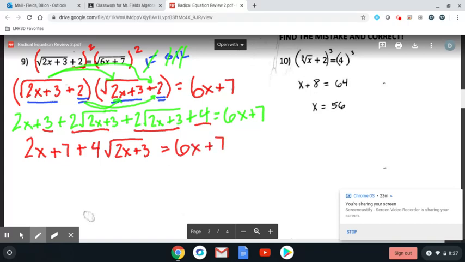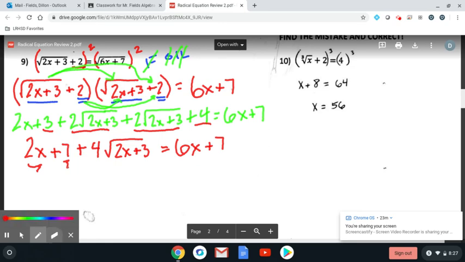All right, so once you're here, now what you want to do is try to get that square root of 2x plus 3 by itself. In order to get that by itself, I'm just going to have to take this 2x and this positive 7 and subtract them to that right side. At least that's my first step.